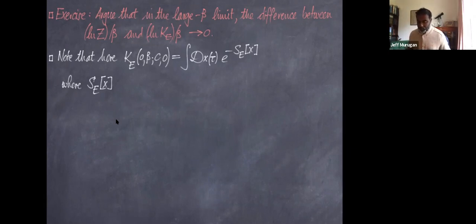Okay. And my claim is that this is a much easier thing to calculate than diagonalizing the Hamiltonian for a large matrix.